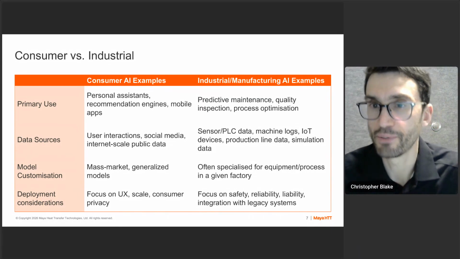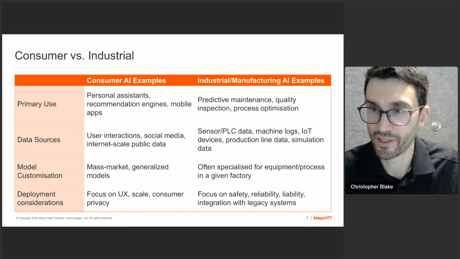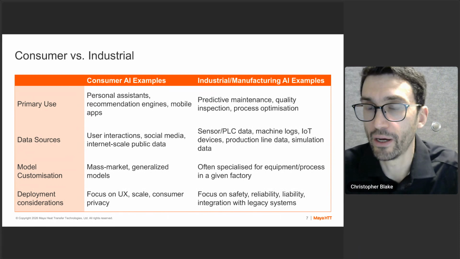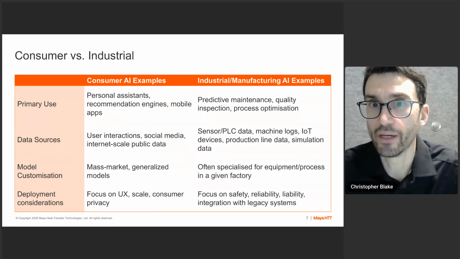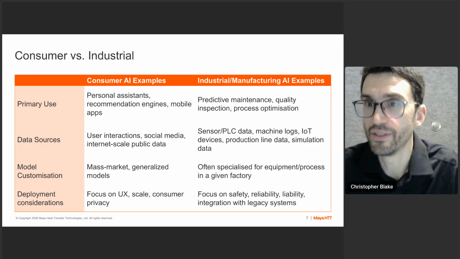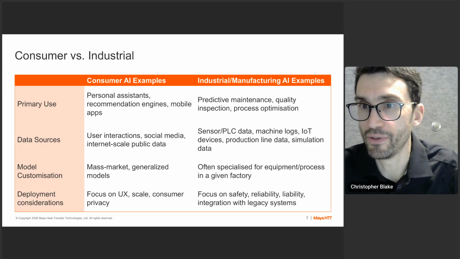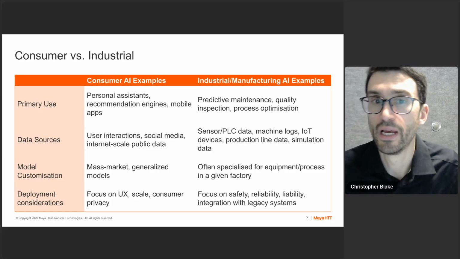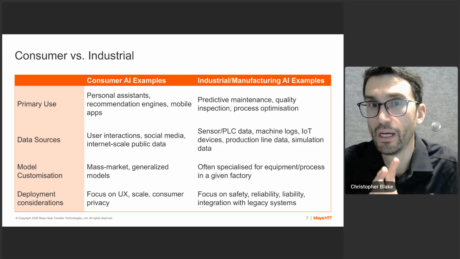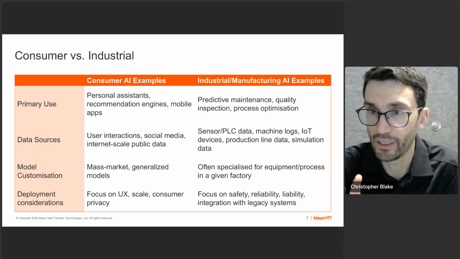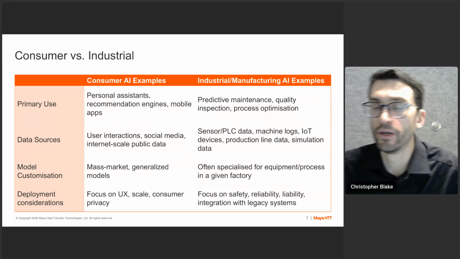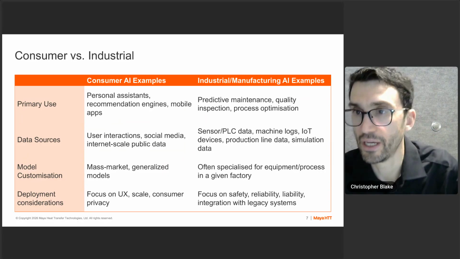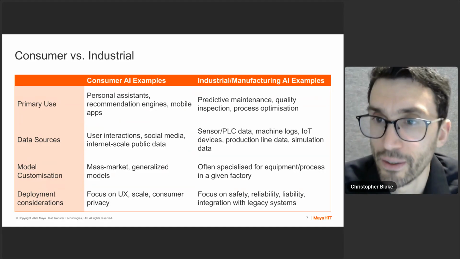And it's really tuned for mass market general, and these models are more generalized because they're going to serve a wider audience. When we talk about industrial and manufacturing AI, it's more focused on value add or efficiency, bottom line type use cases for predictive maintenance, quality inspection, optimization of processes. And the data is usually coming from more closed sources, like the sensor or PLC data on your shop floor, machine logs, IoT sensors or devices, production line data, throughput, or even simulation data.